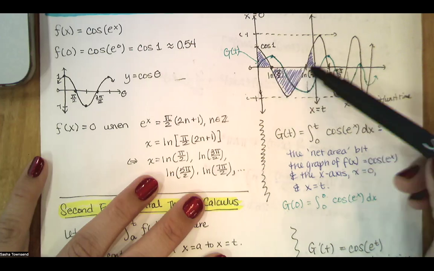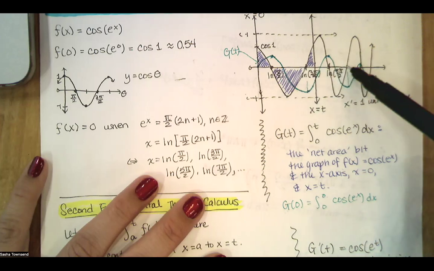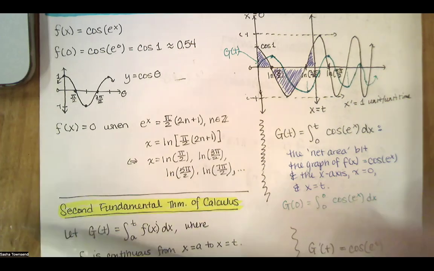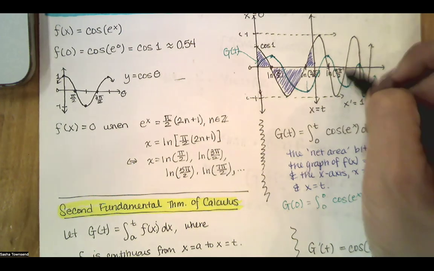The distance between these two zeros is larger than the distance between these two zeros, which is larger than the distance between these two zeros, and so on. That pattern continues as t goes to infinity.